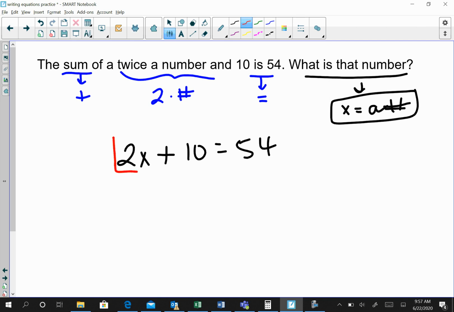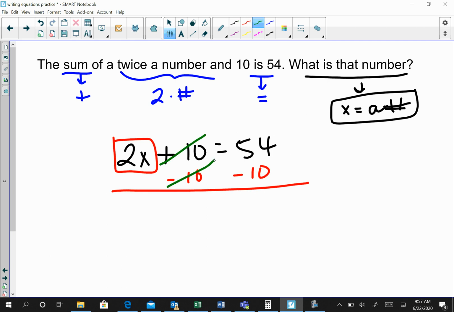So I'm trying to get this x term by itself, subtract the 10 from both sides. Plus 10 minus 10, those cancel out, and I have 2x left on the left. On this equal sign, again, I have to stay constant. Whatever I do on one side of the equal sign, I have to do on the other. 54 minus 10 is 44.